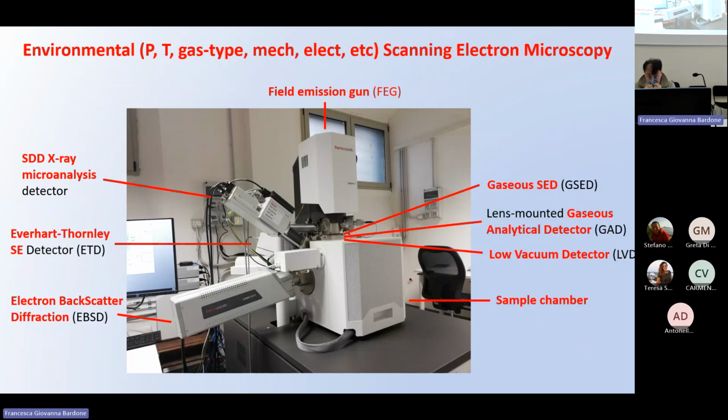So this is the back of the instrumentation. You can see the different types of detector. I just show you by name. So the X-ray detector, the secondary electrons, the backscatter electron detector. So it's like a star. Every detector has a specific position around the instrument.